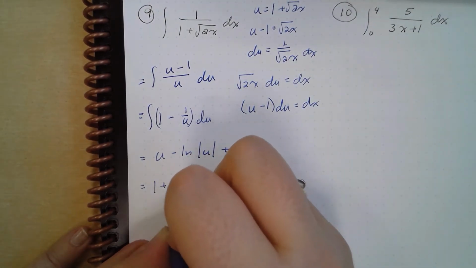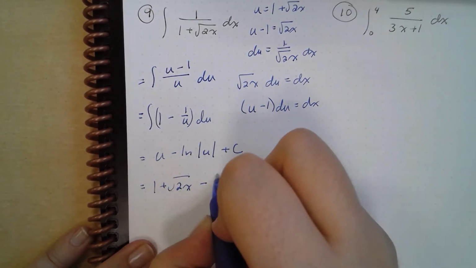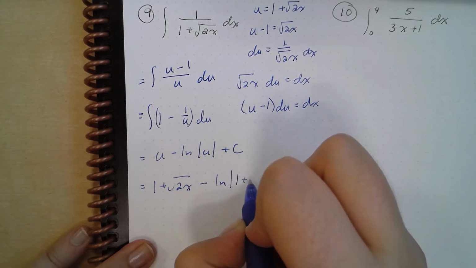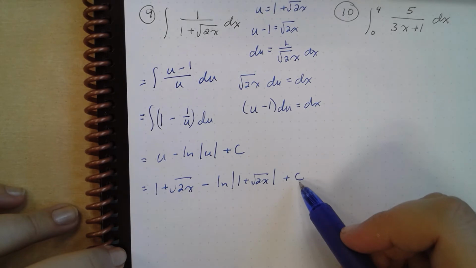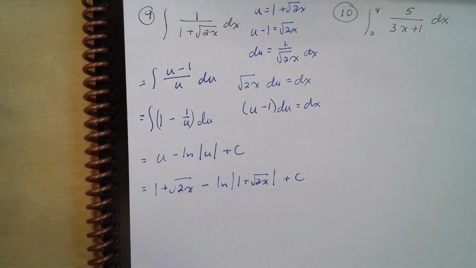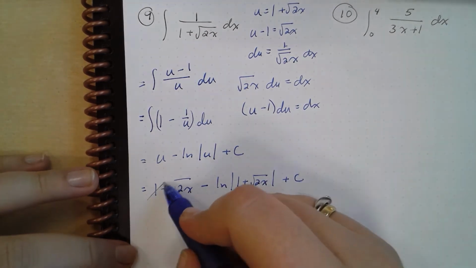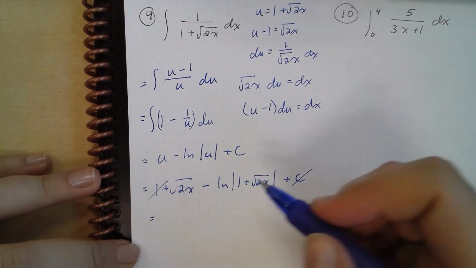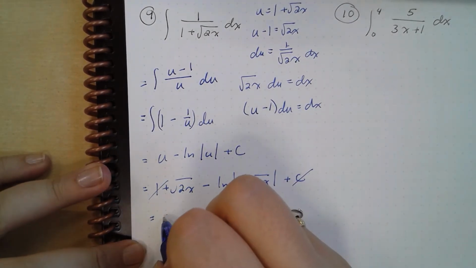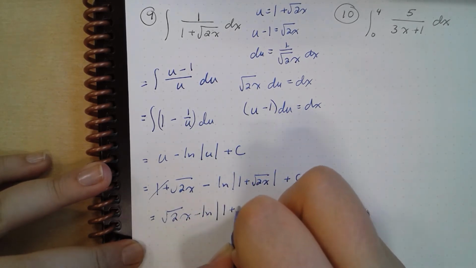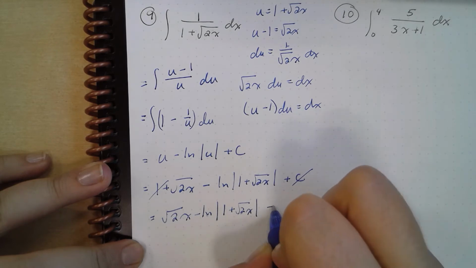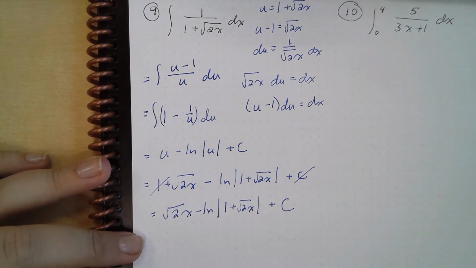I've got 1 plus radical 2x minus the natural log of 1 plus radical 2x plus c, okay? And the 1 and the c is a constant, it's any constant, so the 1 just gets absorbed into that. So our final answer is just going to be the square root of 2x minus the natural log of 1 plus radical 2x plus c, okay?